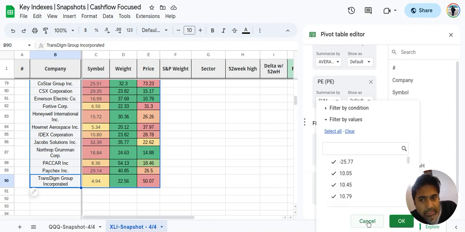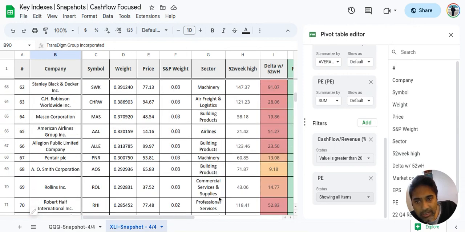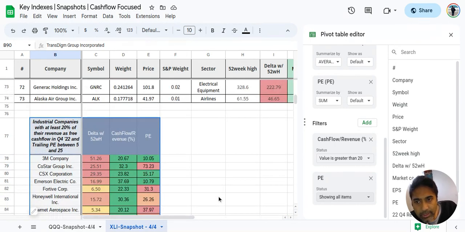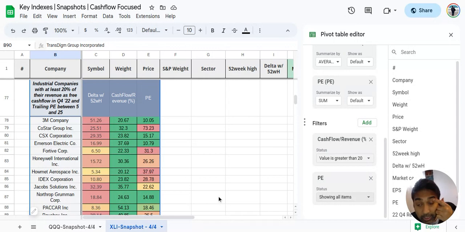Even if you do that, what happens here? Yeah, some of the companies show up here.